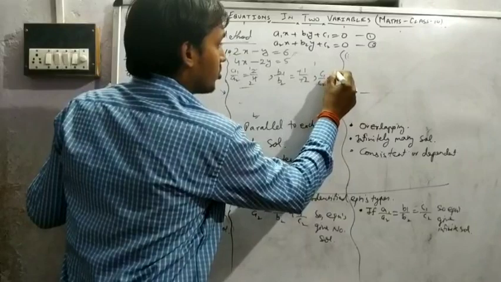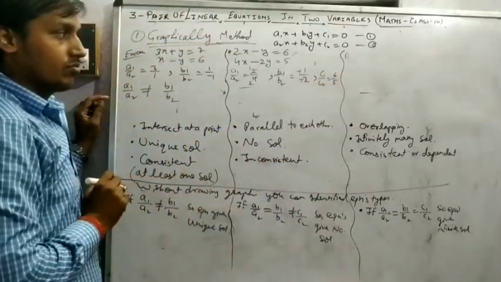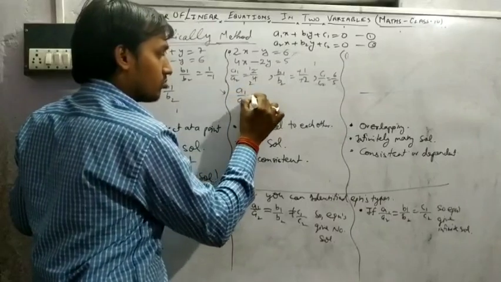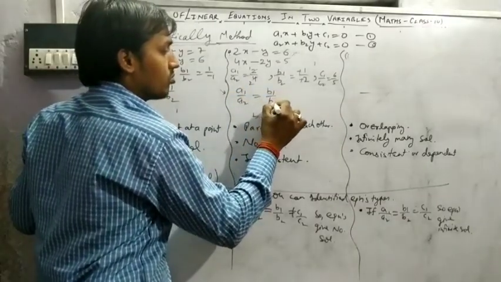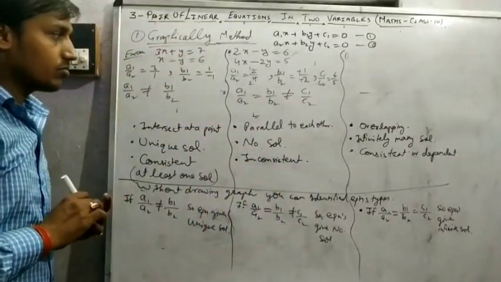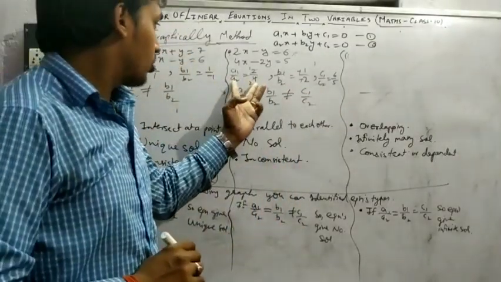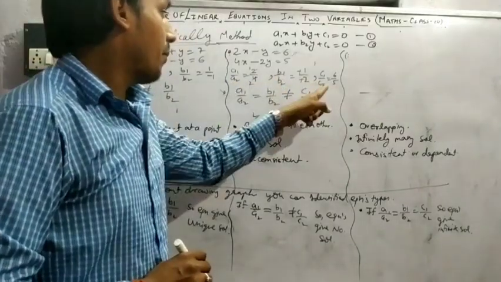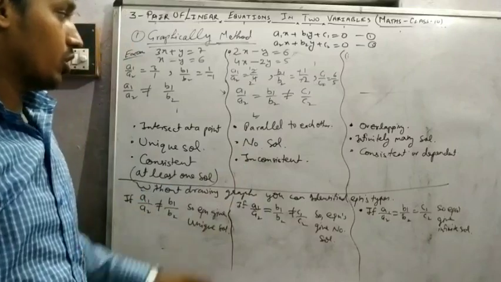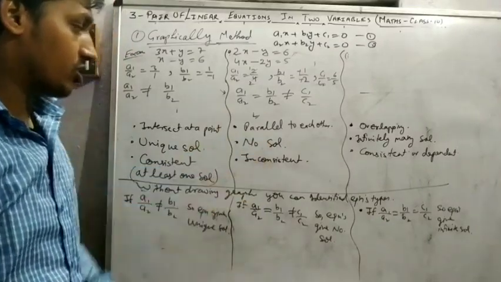C1 upon C2, 6 upon 5. A1 upon A2 is equal to B1 upon B2, but not equal to C1 upon C2. Two ratios of the coefficients are equal, but the third is not equal. So it gives no solution. The equations are parallel, inconsistent.